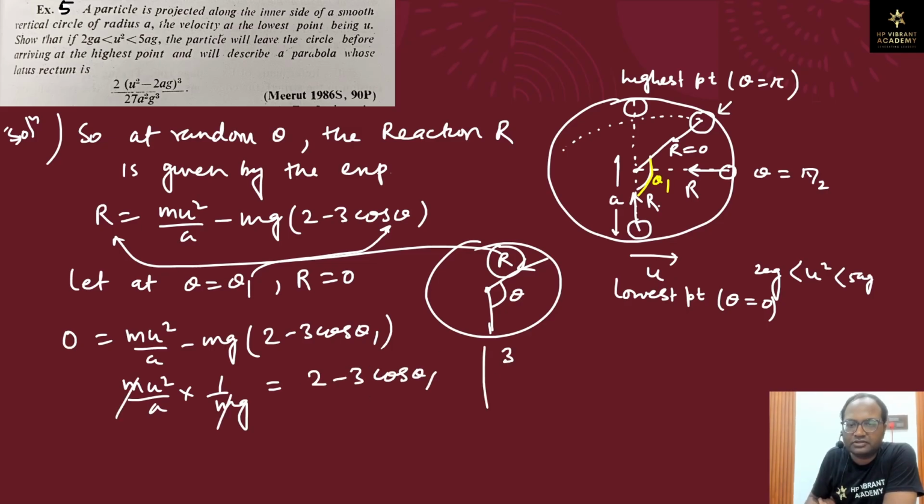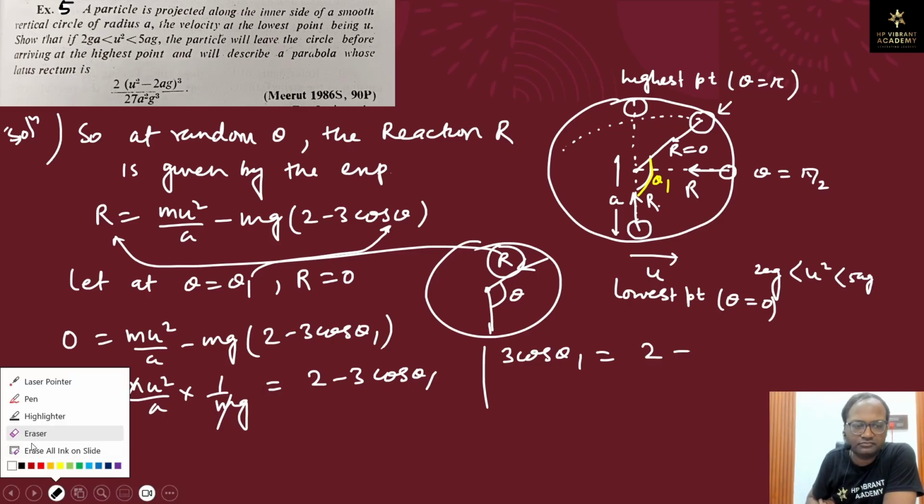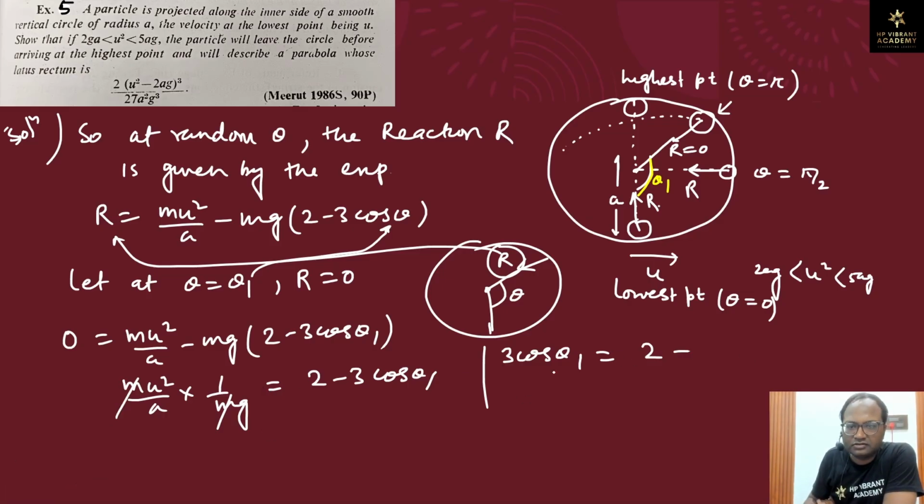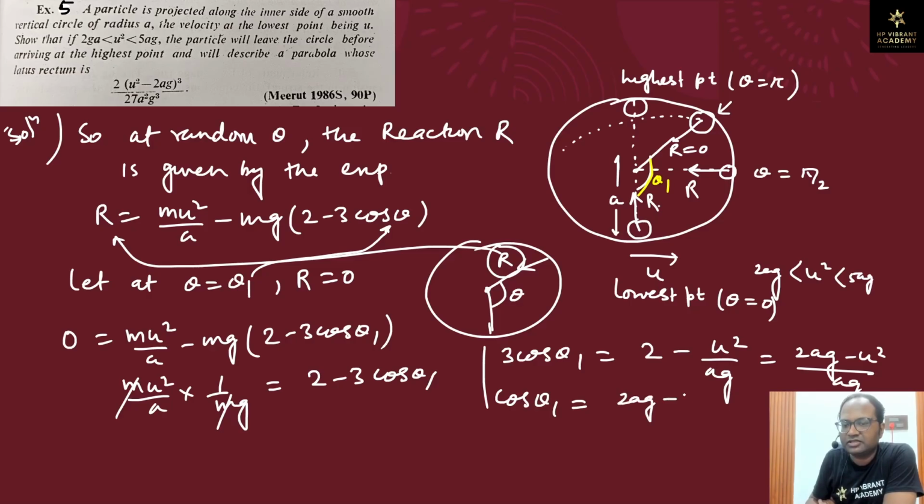So 3 cos theta 1 is equal to 2 minus u square upon ag, which is equal to 2ag minus u square upon ag. So cos theta 1 is equal to 2ag minus u square upon 3ag.